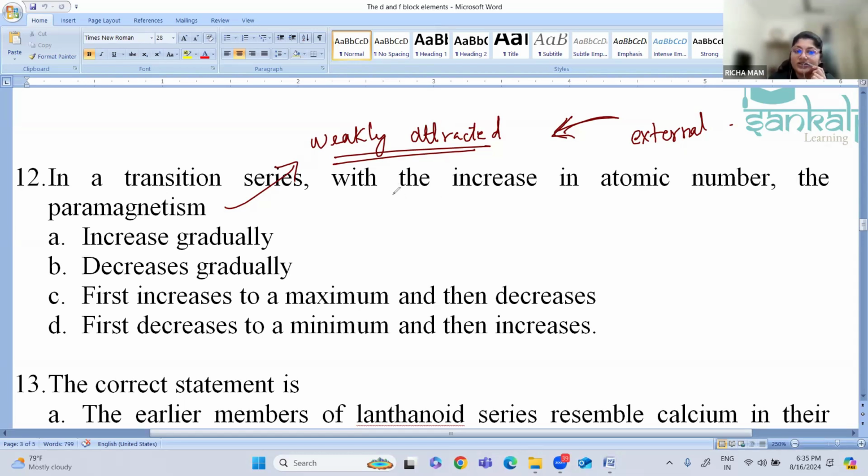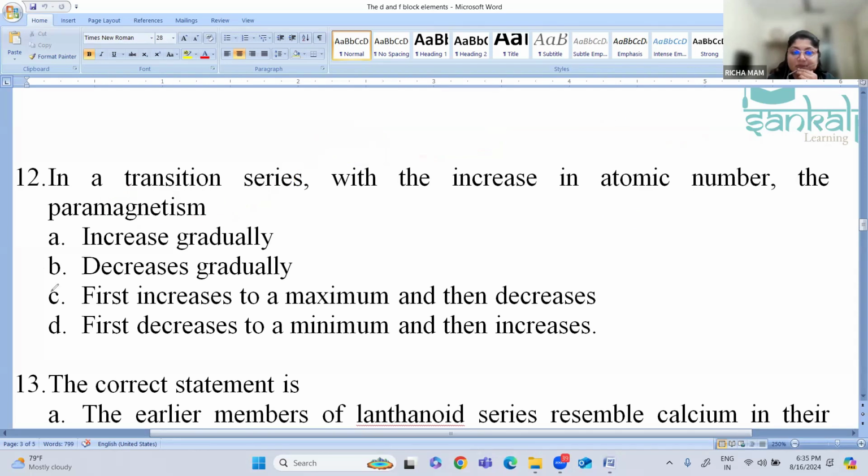As you move from left to right, what will happen to the paramagnetic behavior? Paramagnetism is shown by the elements which have unpaired electrons. Unpaired means single electrons, where there is no pairing taking place. Shri Varuni has answered it as C. What about others?